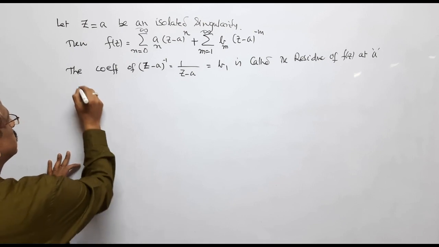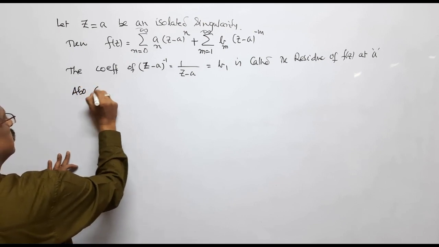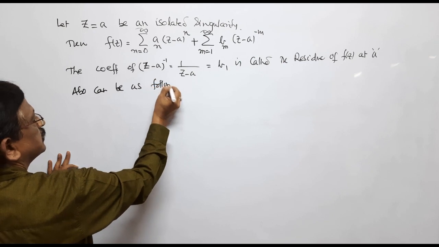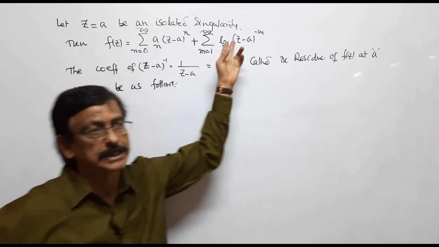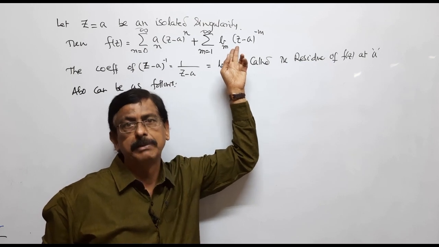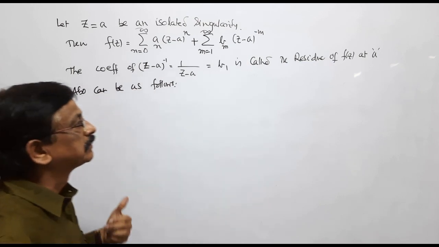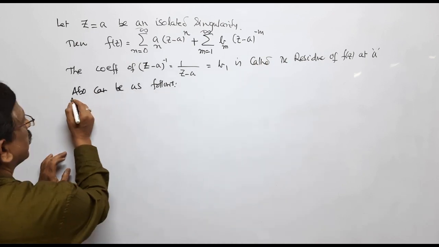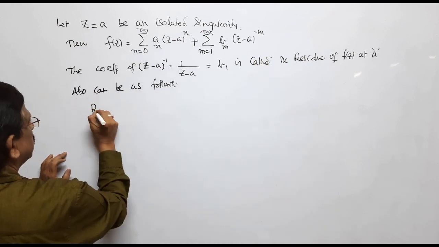Now, this also can be seen as follows. It's very difficult all the time to see the expansion and then evaluate the coefficient of 1/(z − a). It may not always be feasible. So I have another way of defining residue.